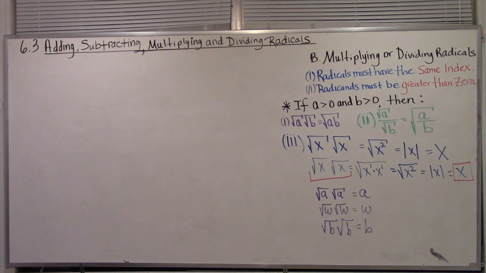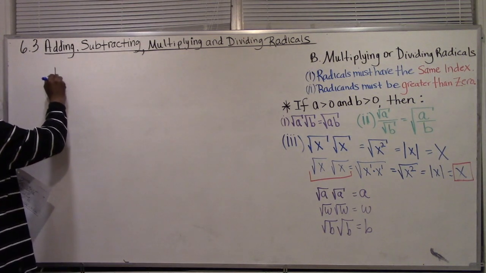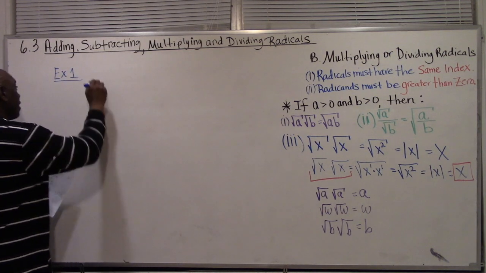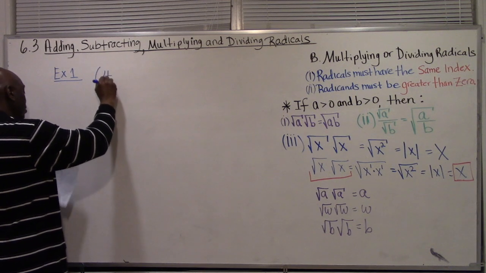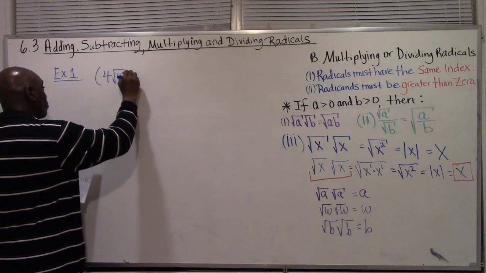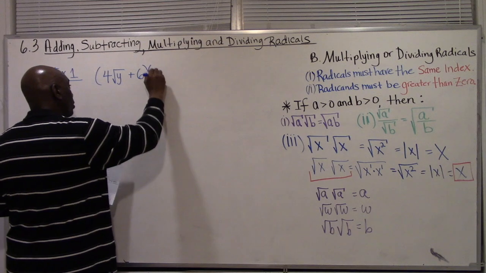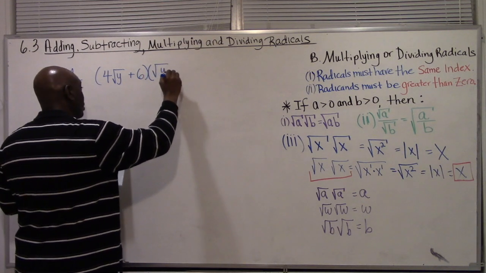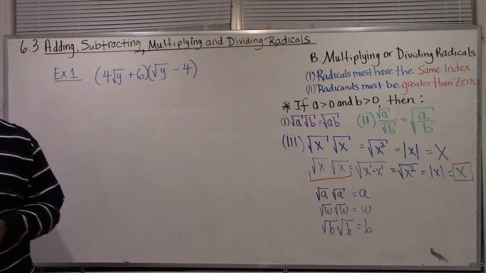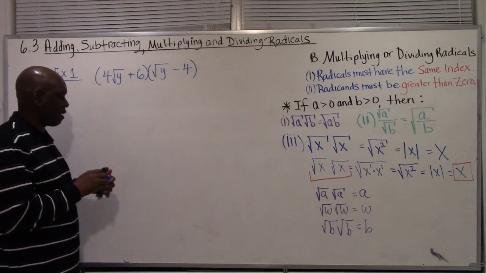Example 1. Let's say if we have 4 the square root of y plus 6 times the square root of y minus 4. All right.